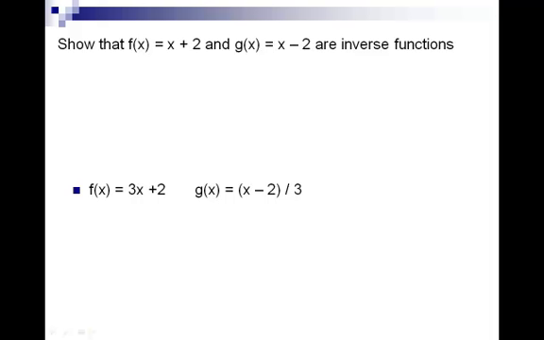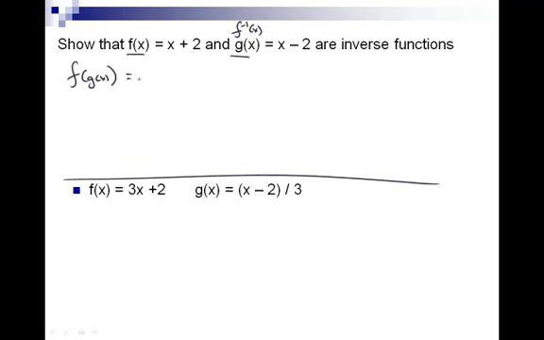So if we want to show that two functions are inverses of each other, we're not sure yet whether or not f of x and g of x are inverses. So we're going to just call this g of x. If we prove that they are inverses, then I can call this f inverse of x. So let's first start with f of g of x. That would be f of x minus 2. And putting x minus 2 into x for the f of x function, we will get x minus 2 plus 2, which equals x.